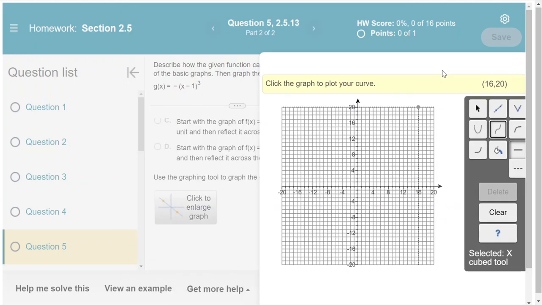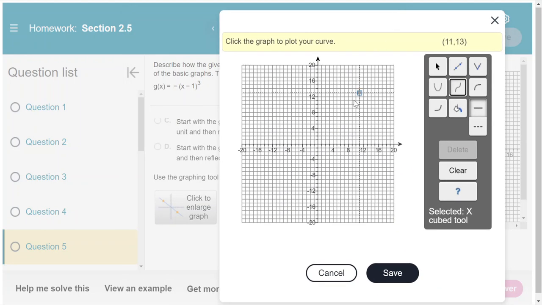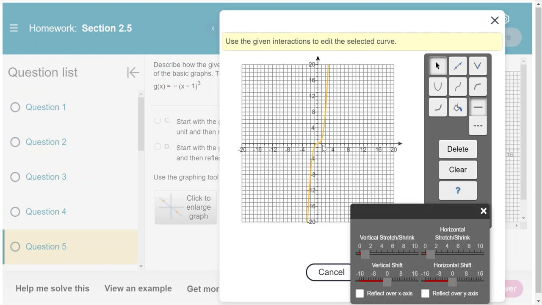Now remember, first of all, it's going to open down, and it's going to be shifted 1 to the right. So the vertex would be here. Okay, I see what it's doing. It's putting on the graph y equals x cubed. So now this little box is what we're going to have to do things with here.